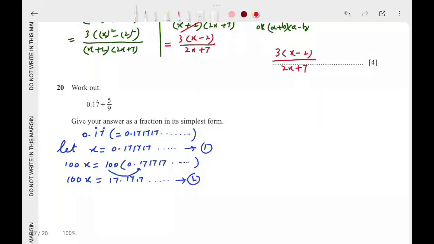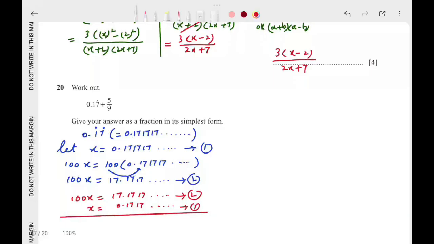First of all, write equation number 2 then 1. 100x is equal to 17.1717 and so on. This is equation number 2, and equation number 1 is x is equal to 0.1717. We are going to subtract them.